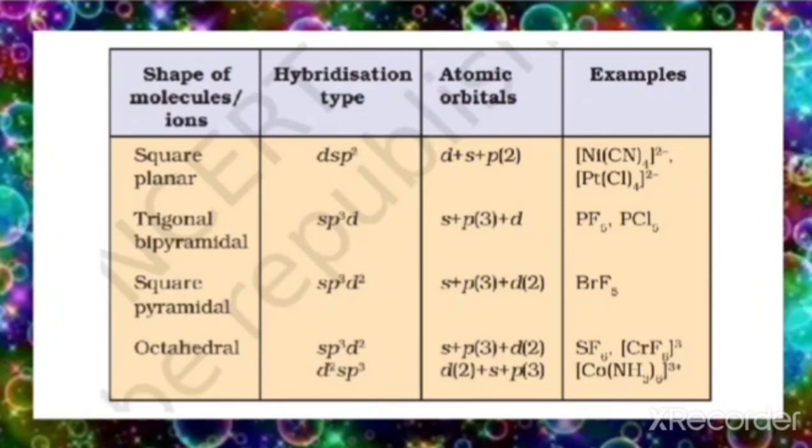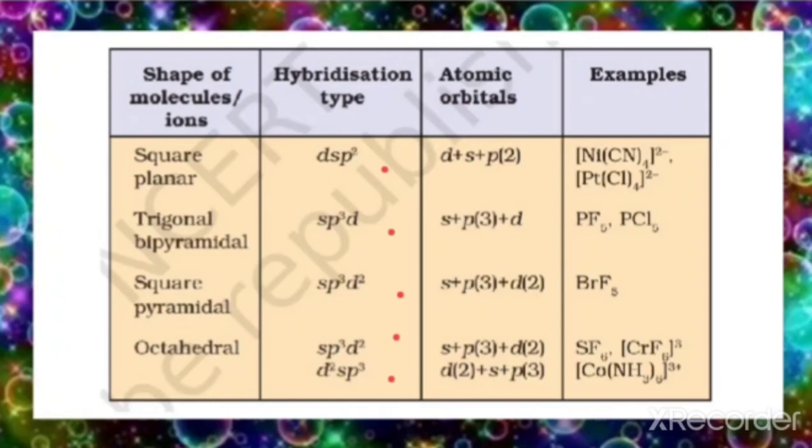So it was clear that d orbitals can also be involved in hybridization. There are different types of hybridization like dsp2, sp3d, sp3d2, d2sp3, where the d orbitals are involved.